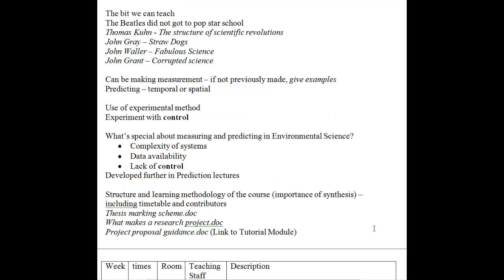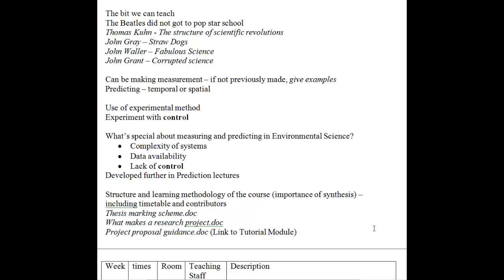Identifying what's special about measuring and predicting in environmental science particularly, we'll go into this in more detail when we go into the prediction part of the course, but fundamentally the thing that's special about environmental science is that the systems we're trying to measure or predict the behaviour of are very complex systems.